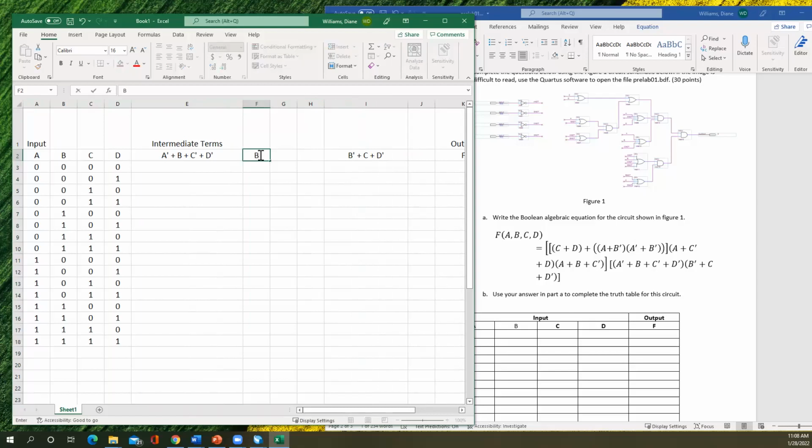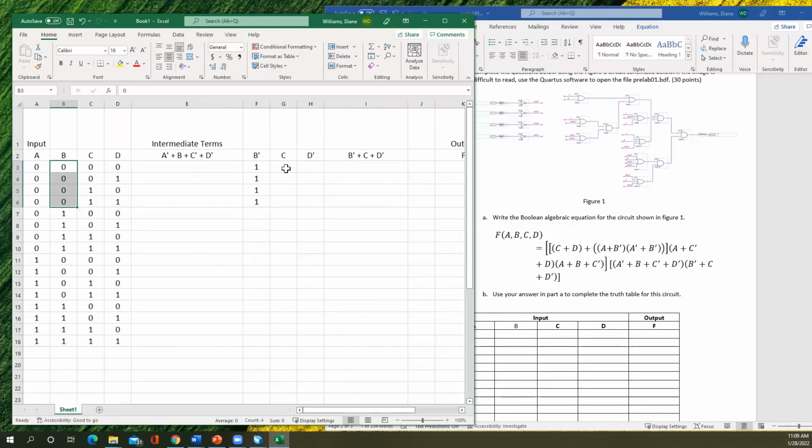So if I just go here: B complement, C, D complement. In these particular rows, B is a 0, so B complement is going to be a 1 in these first 4 cases.